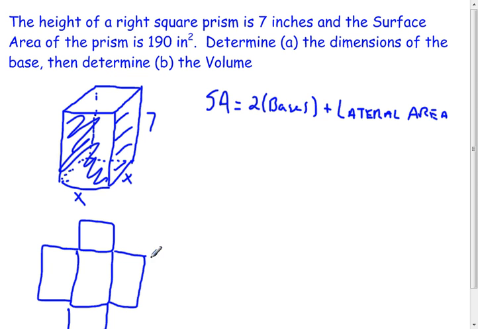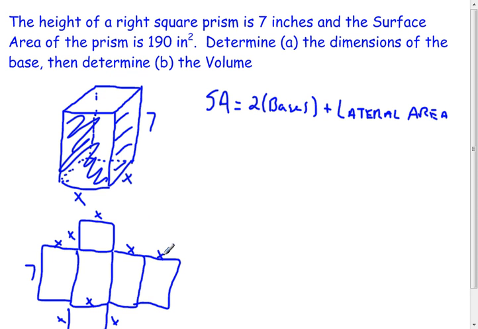So that's going to be over here. I don't know what this is, but we'll just call those sides x. So all these sides along here are going to be x. But we do know that the height is 7.